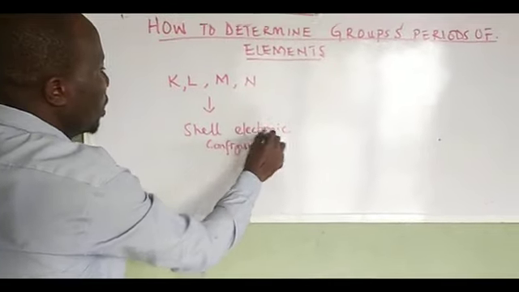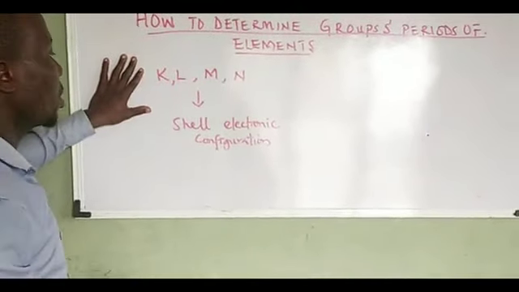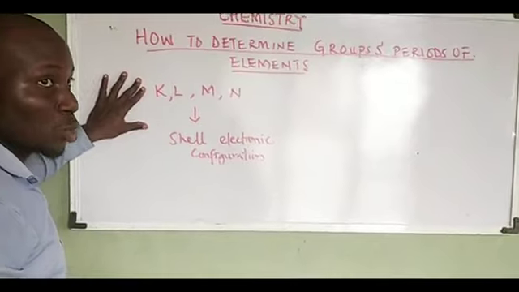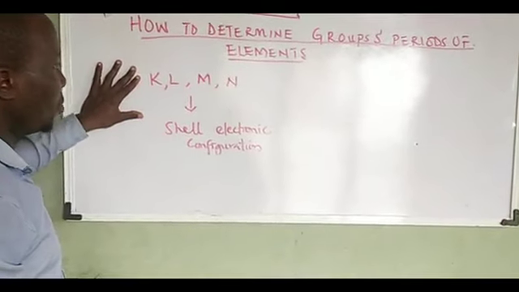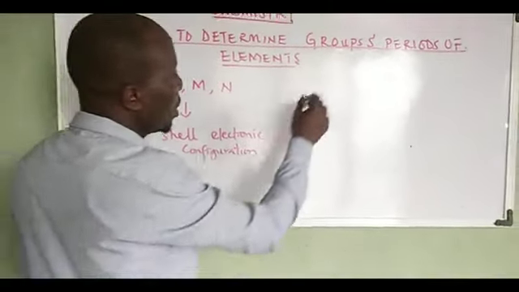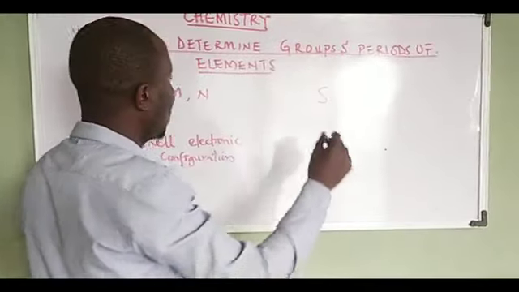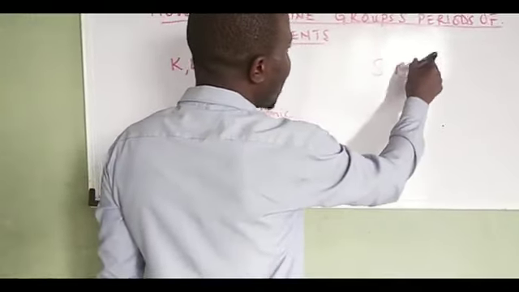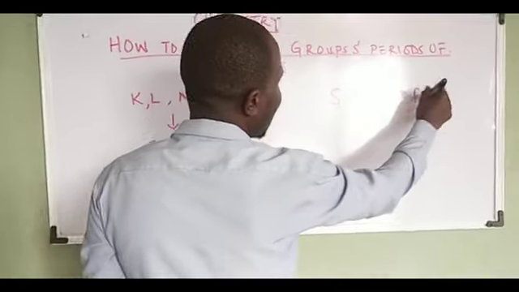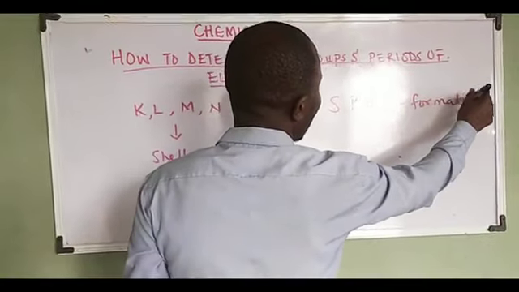This is the old electronic configuration style provided by two scientists, Bohr and Rutherford. Then we also have another style, which is the modern electronic configuration, known as the SPDF formation.